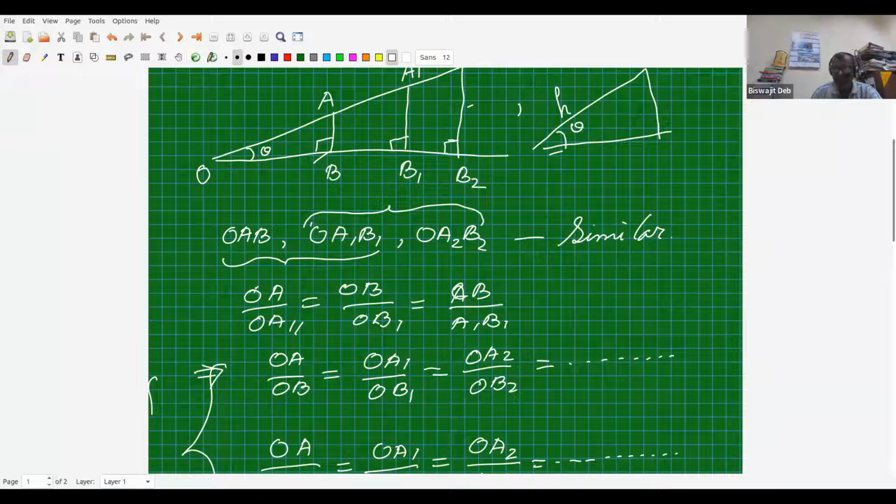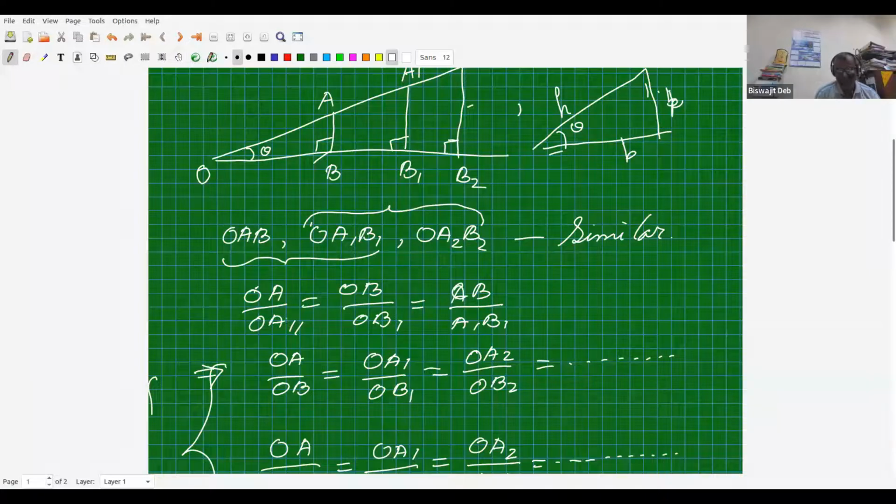With respect to this angle theta, this is the perpendicular, and this is the base. In that reference, you can see that this OA by OB is nothing but the ratio of the hypotenuse and the base.